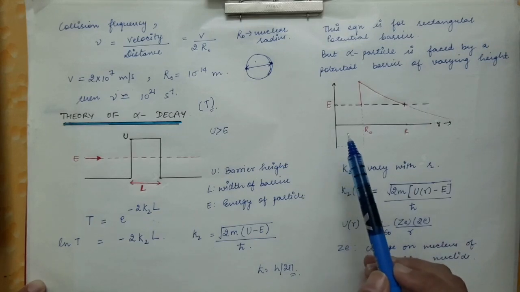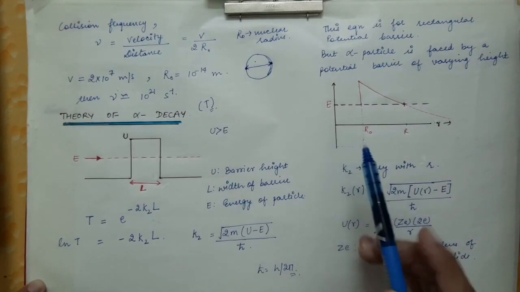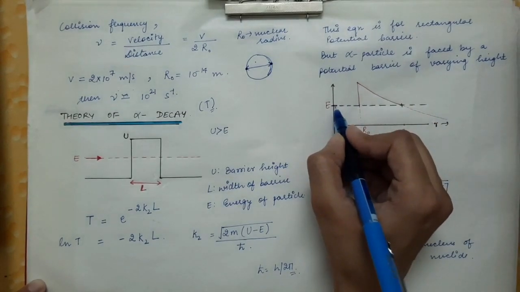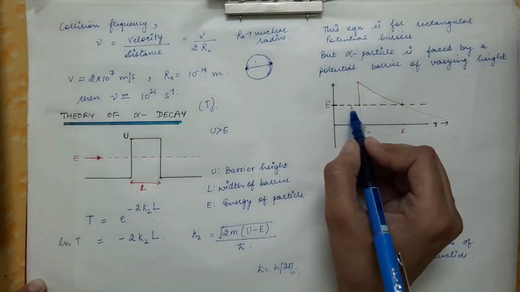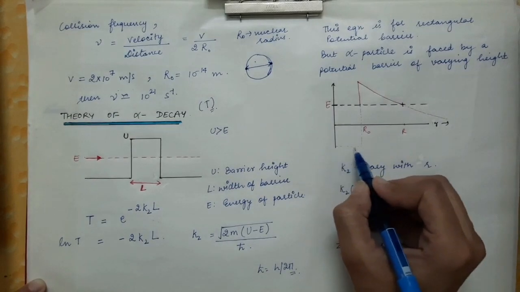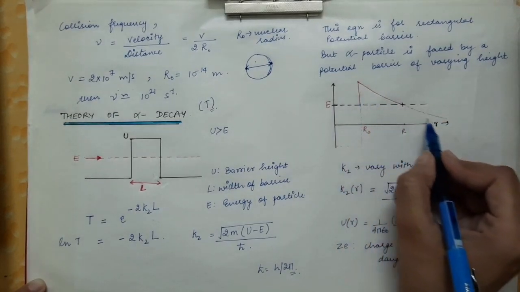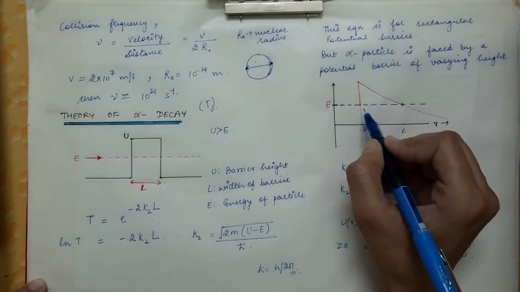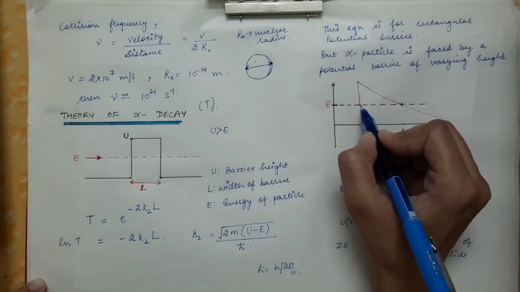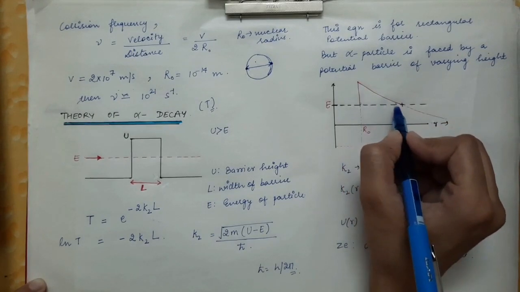So what is the potential barrier in the case of alpha particle? We have already drawn this diagram in the starting. E is the energy of the alpha particle, and this was the potential energy experienced by the alpha particle. Now we are just going to draw the potential barrier in this case. The potential barrier will be just this pattern.